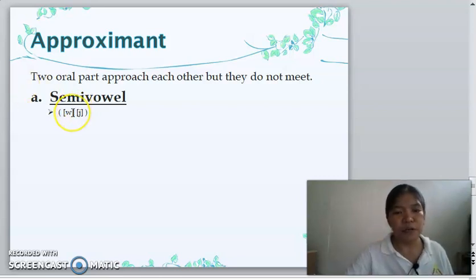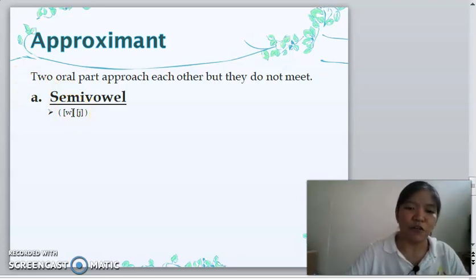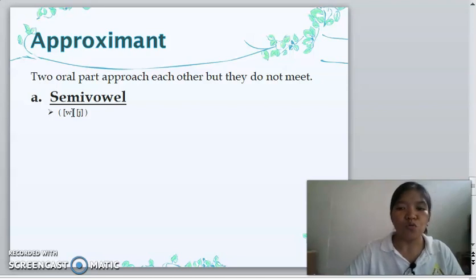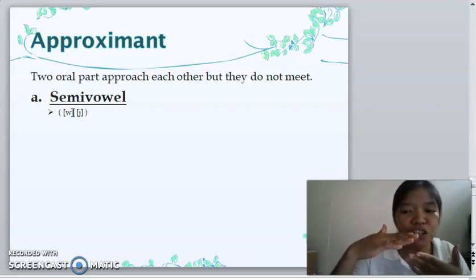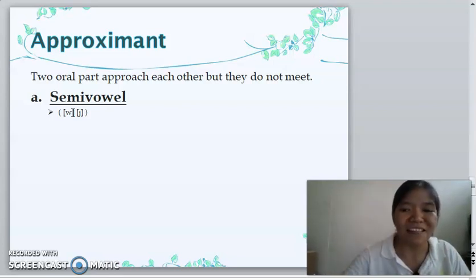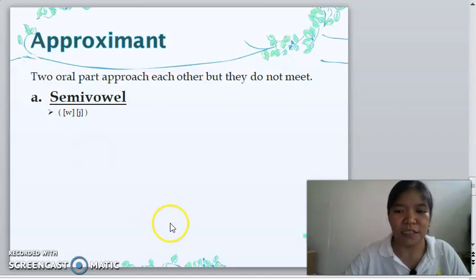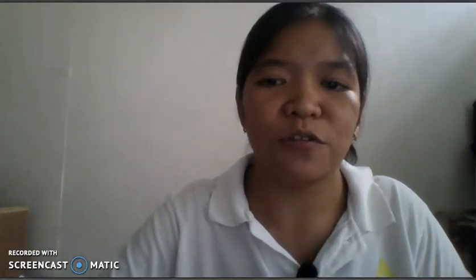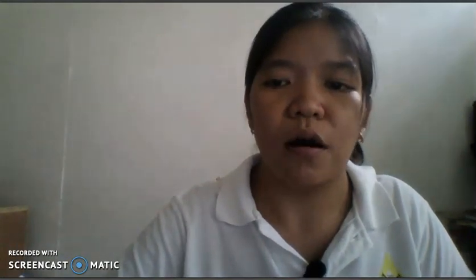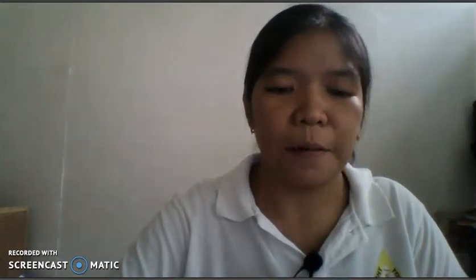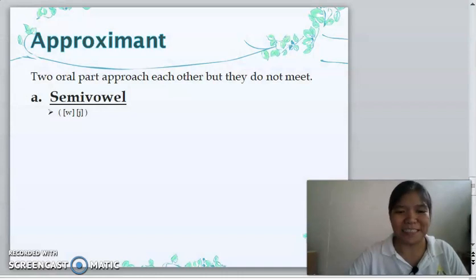For example, try to observe your oral cavity when you produce the sound of W. Your upper and your lower lip approach each other very, very closely, but they do not meet. You may want to produce it on your own. The sound of W. Woo. So observe your lips. Just do not laugh.